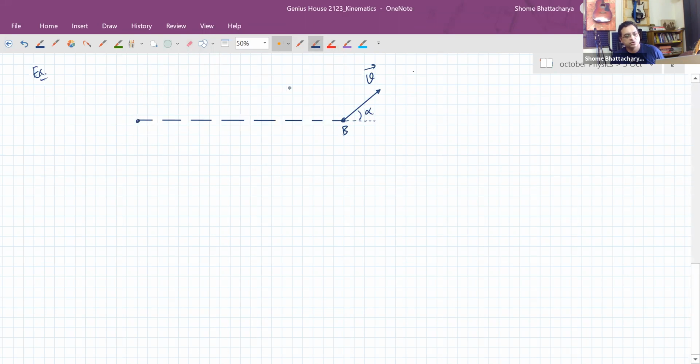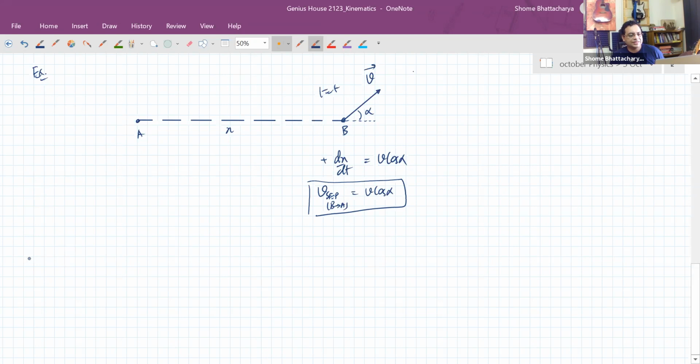At this particular instant of time t, the rate at which the distance between AB would be increasing would be plus dx by dt, equal to v cos alpha in this case. So we'll say that the separation velocity of B with respect to A is equal to v cos alpha. When we say B with respect to A, it's the same thing as A with respect to B, because if you get in B's frame, A's velocity is like this, backwards, so it also has the same component.